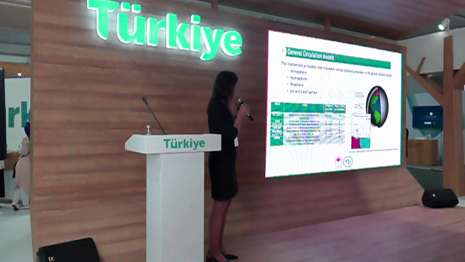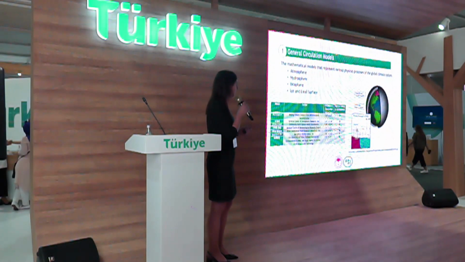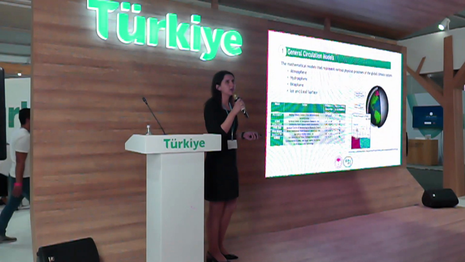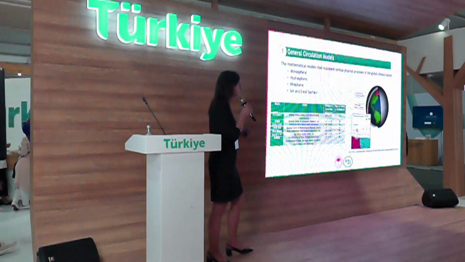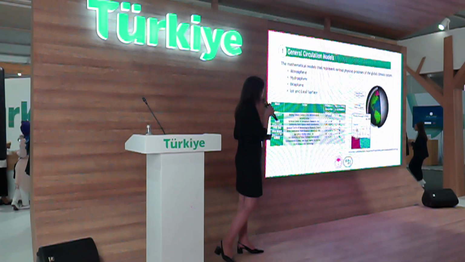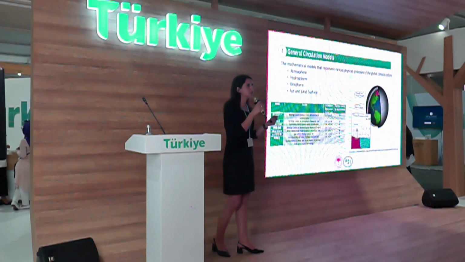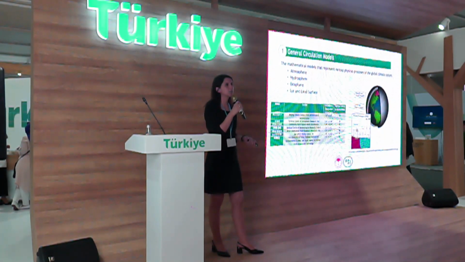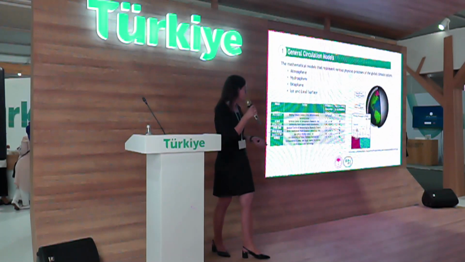Around the globe, there are many models available, as you can see from the US, China, France, and European models, and they all have different atmospheric resolution and different vertical levels. When we use general circulation models, we need to use different models in order to reduce some uncertainty of the atmospheric models.